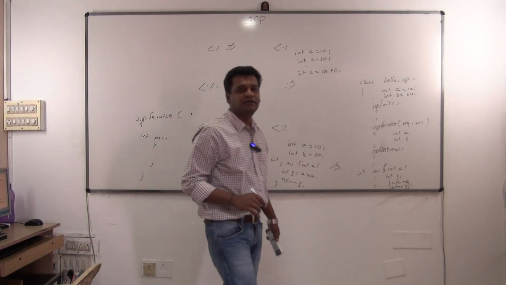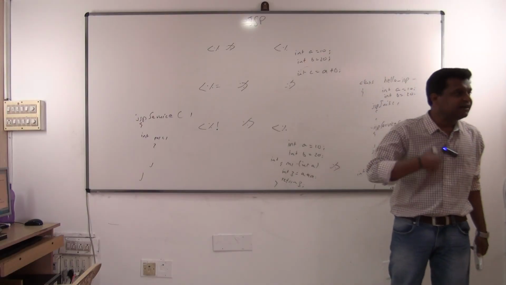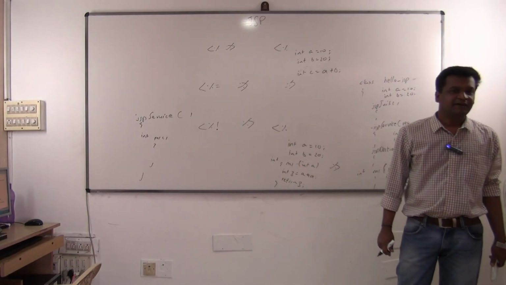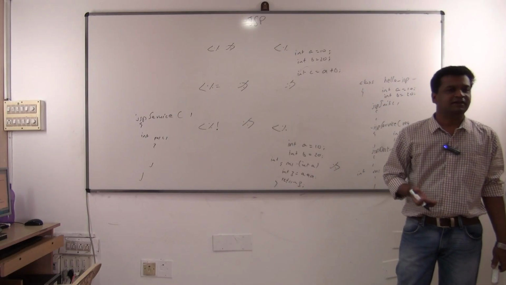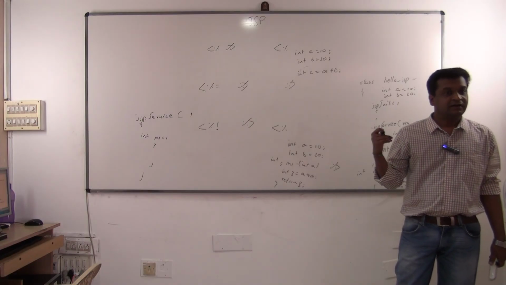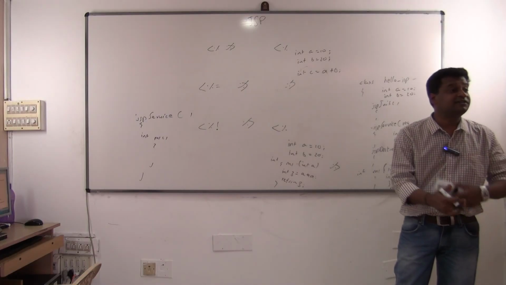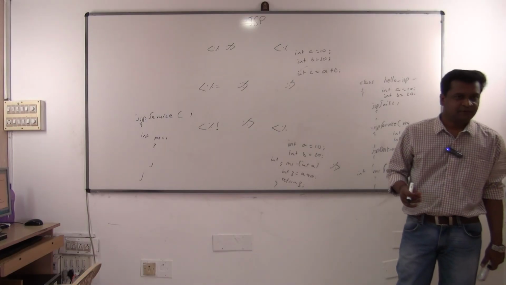Now is this valid code? In Java, it is wrong to write a method inside a method. It is impossible to write a method inside a method. So that is why you cannot write a method using a scriptlet, because it will go inside the service method. Clear?